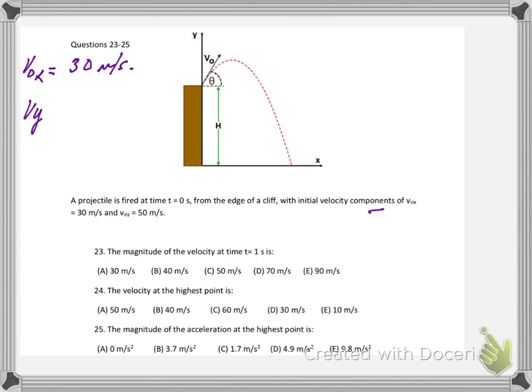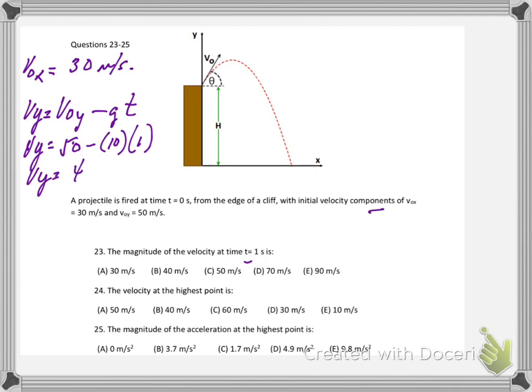So we have Vy equals V naught y minus gt. What was its initial velocity in the y direction? That was 50, minus 10, and it's for 1 second. So our velocity in the y direction is going to be 50 minus 10, which is 40 meters per second.